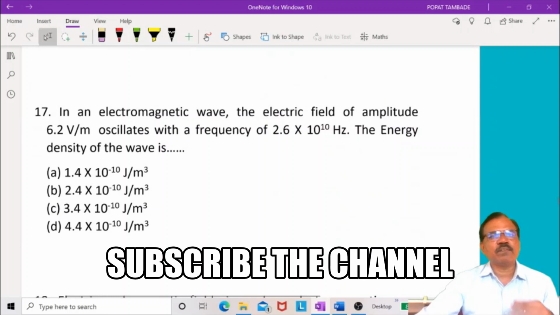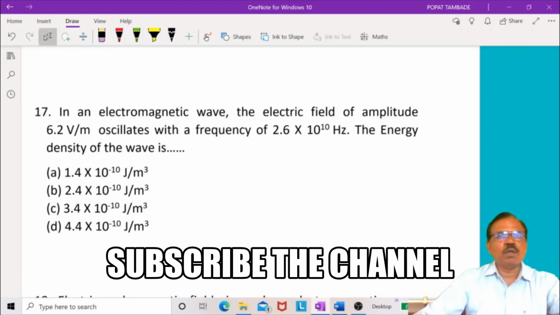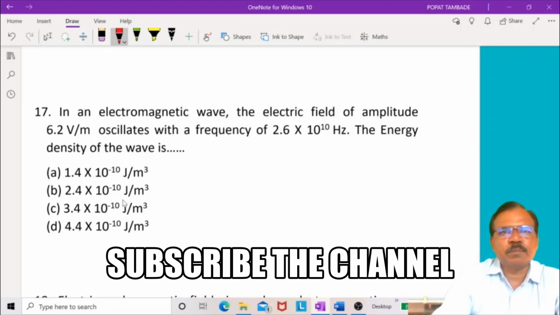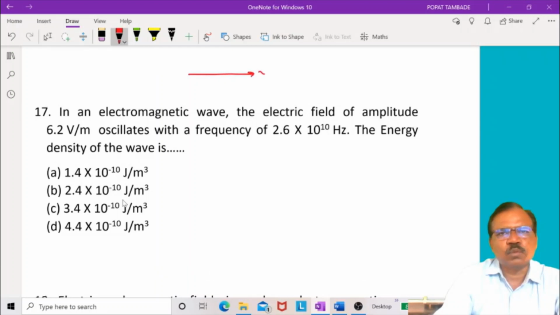Now next one, in an electromagnetic wave, the electric field of amplitude 6.2 volt per meter oscillates with a frequency of 2.6 into 10 raised to hertz. The energy density of the wave is. Now we know, suppose the wave is propagating along the y-axis. This is the direction of magnetic field and this is the direction of electric field.